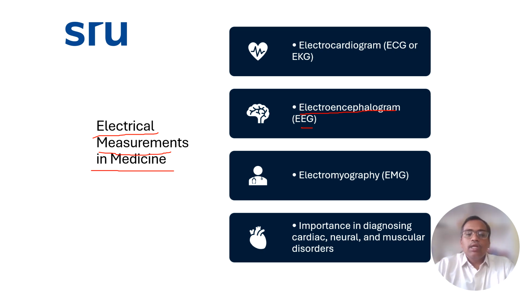Next, another one is EMG, electromyography. EMG measures muscle activity. It is useful in neuromuscular diagnosis, prosthetics, and rehabilitation.